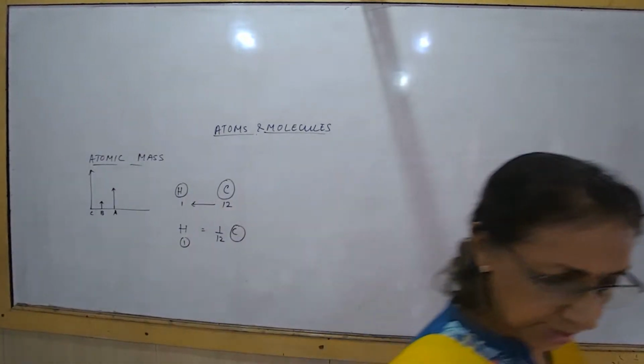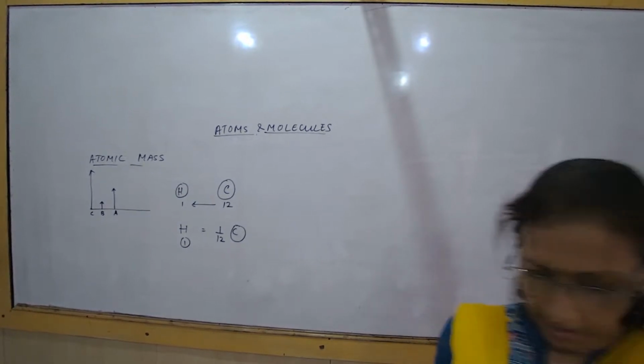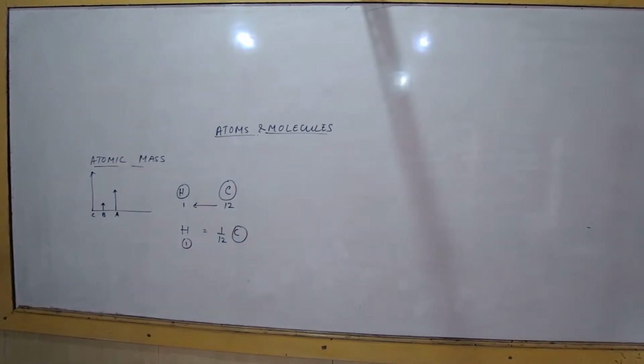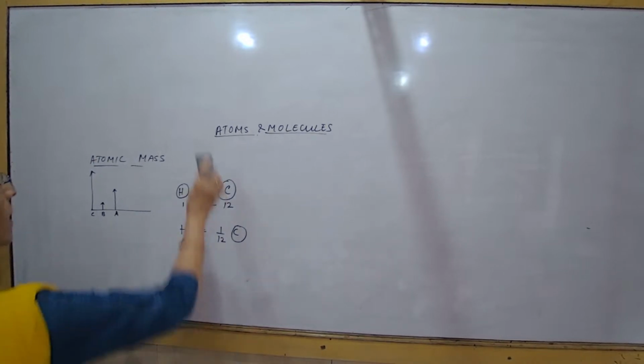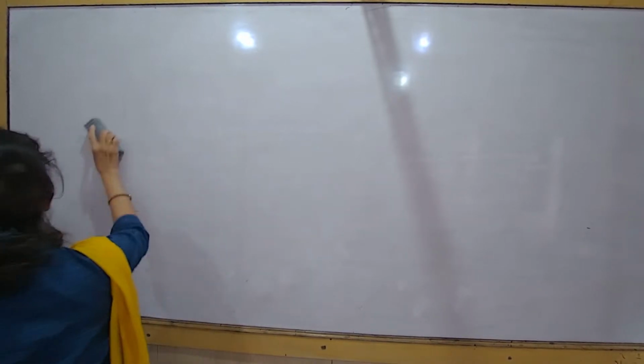Similarly, the relative atomic mass of an atom of an element is defined as the average mass of an atom as compared to 1/12 the mass of a carbon atom.